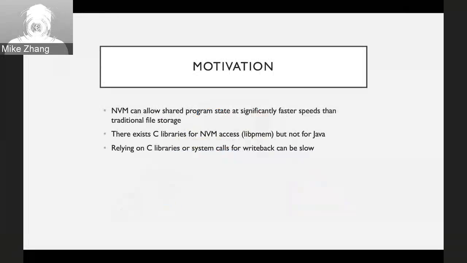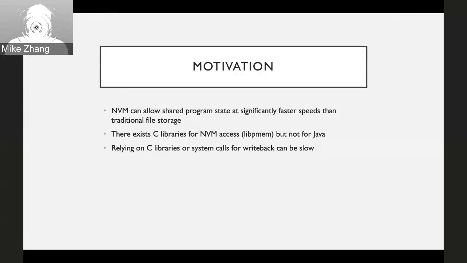Which ties into the motivation for this JEP, as NVM can allow significantly faster speeds than traditional storage. We obviously want to take advantage of that in Java. In C, there are libraries that take advantage of low-level NVM access.